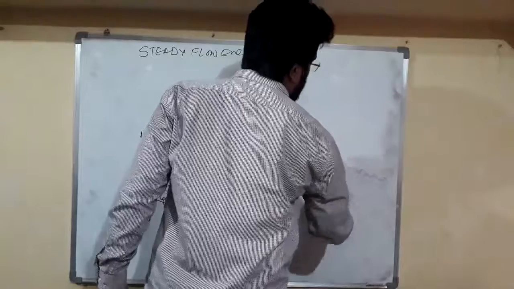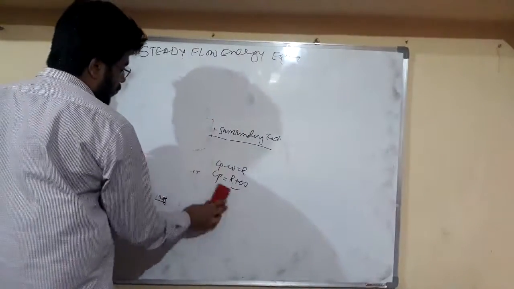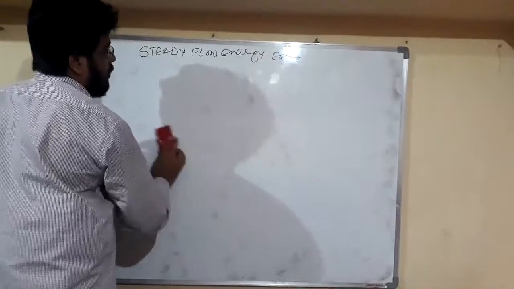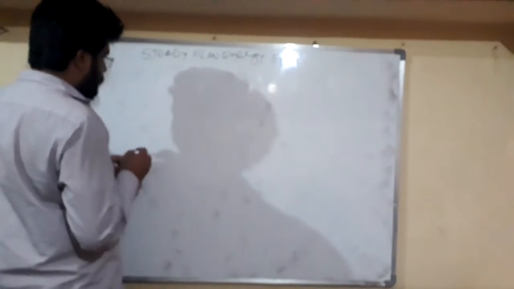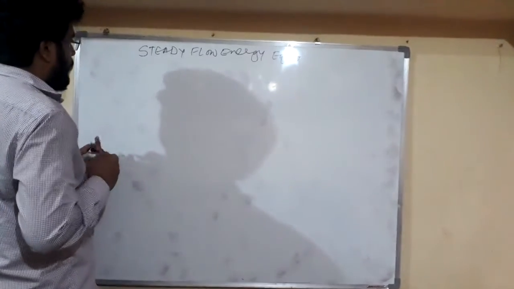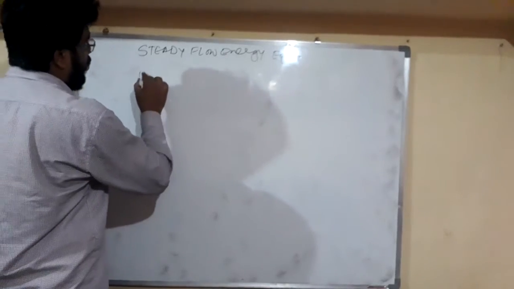What is steady flow, friends? In steady flow, the mass flow rate remains constant. Our mass flow rate is constant in case of steady flow. So friends, here is our open system. This is our open system, friends.